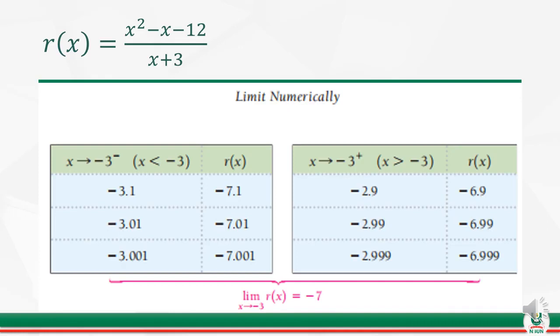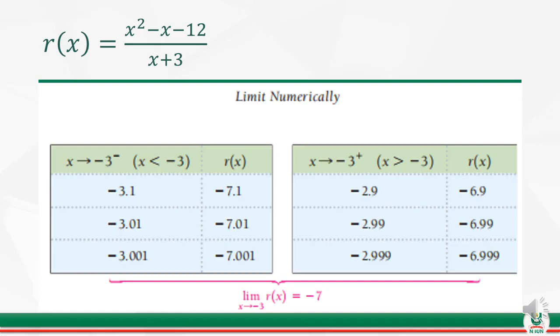If you substitute the value here, this is what we are going to have. Then as it's getting to minus 3.01, r of s is closer to 7.01. As it is getting closer to minus 3.001, r of s is getting closer to 7.001.